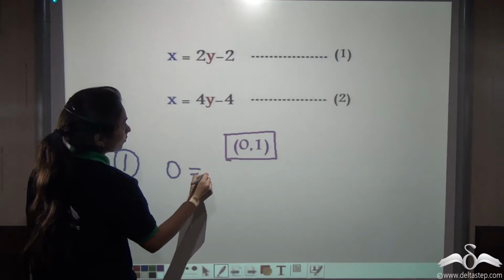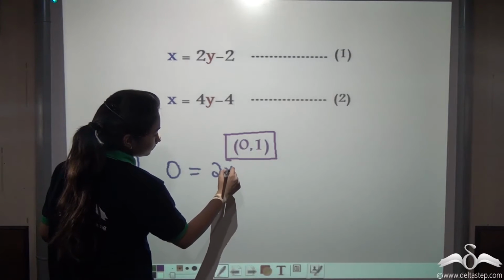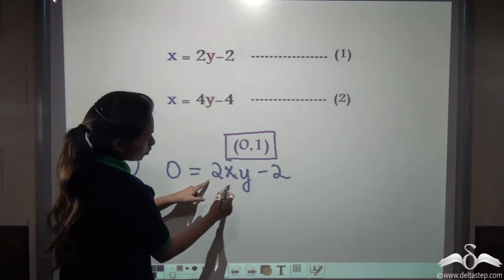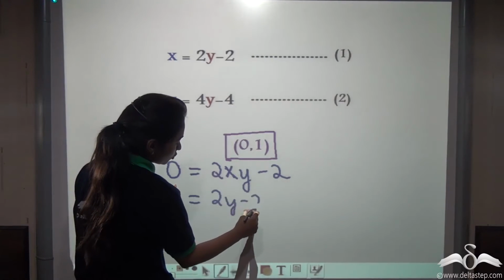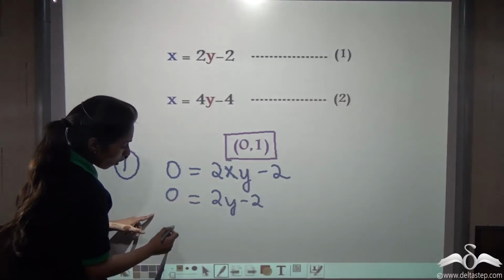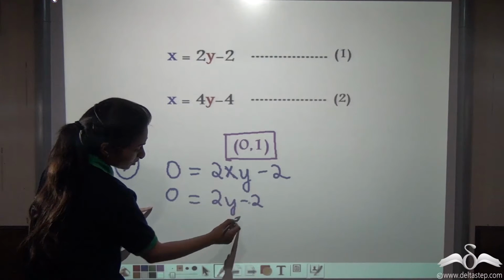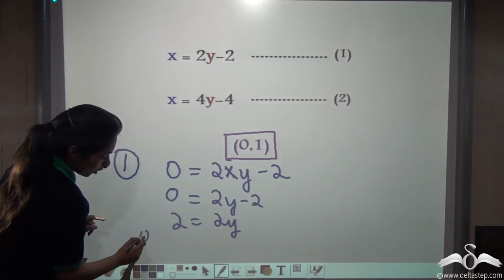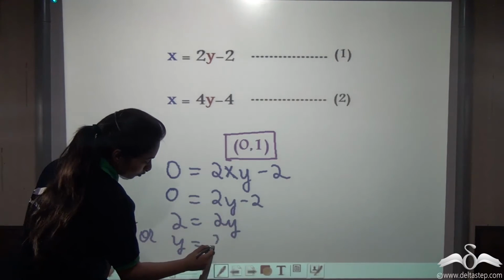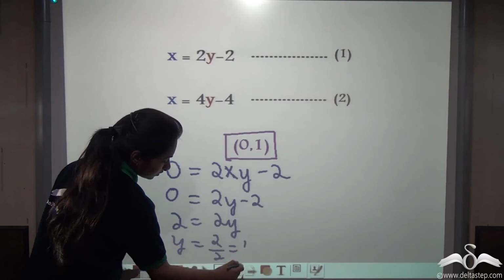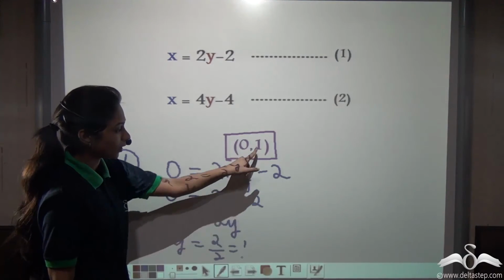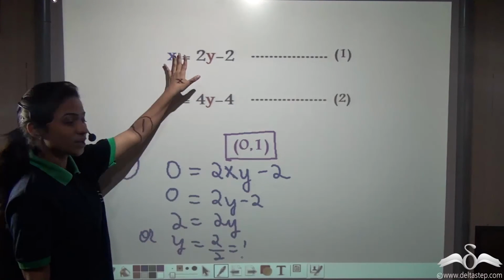So 0 should be 2 into y minus 2. 2y minus 2 should be 0, or minus 2 brought this side, 2 should be 2y, or y should be 2 by 2, that is 1. See, it is fulfilling. When I am putting 0 in the place of x, I am getting 1 in the place of y. So first equation is fulfilled.